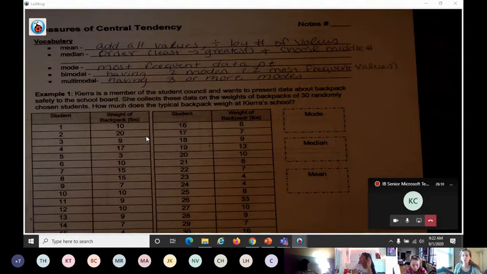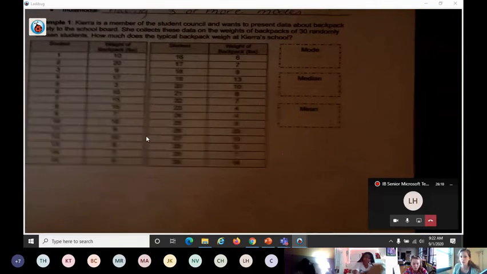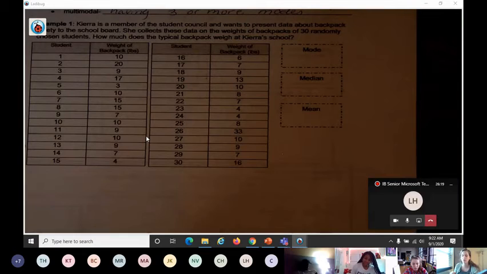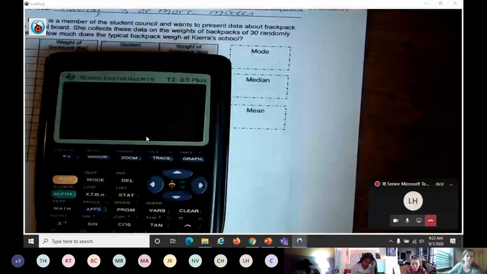Okay. So for this next part, instead of looking at this data and figuring out all of these values, I'm going to show you how to stick it in your calculator. Oh, rats, this is going to happen. Okay, so can you see my calculator screen at all?